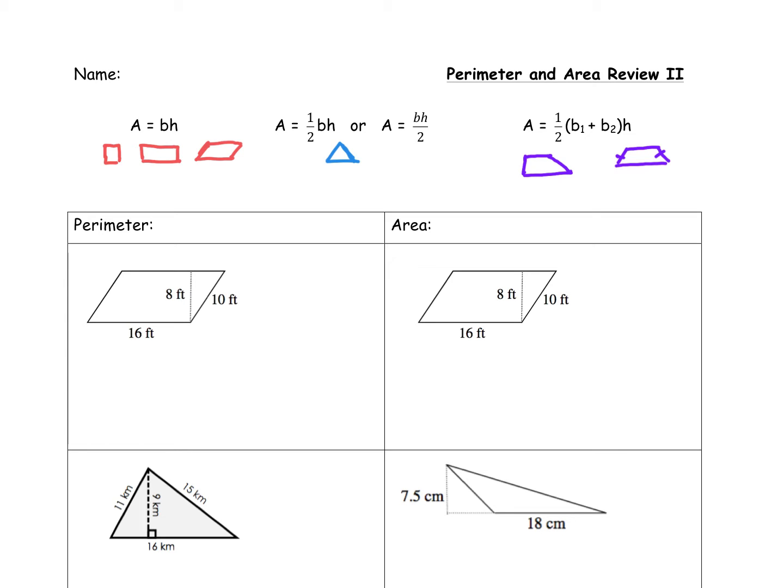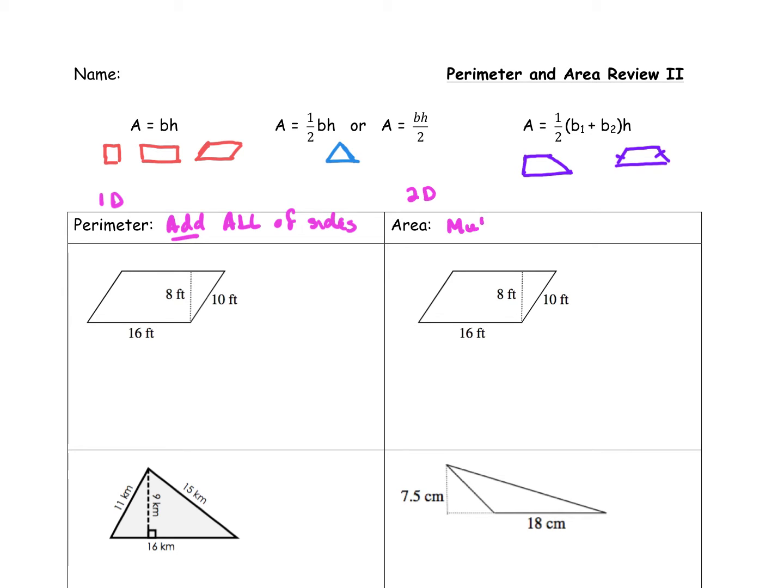So the perimeter is one-dimensional. We're just trying to find a length. And so we add all of the side measurements. For area, it's 2-dimensional. So we're trying to find how many square units are inside.